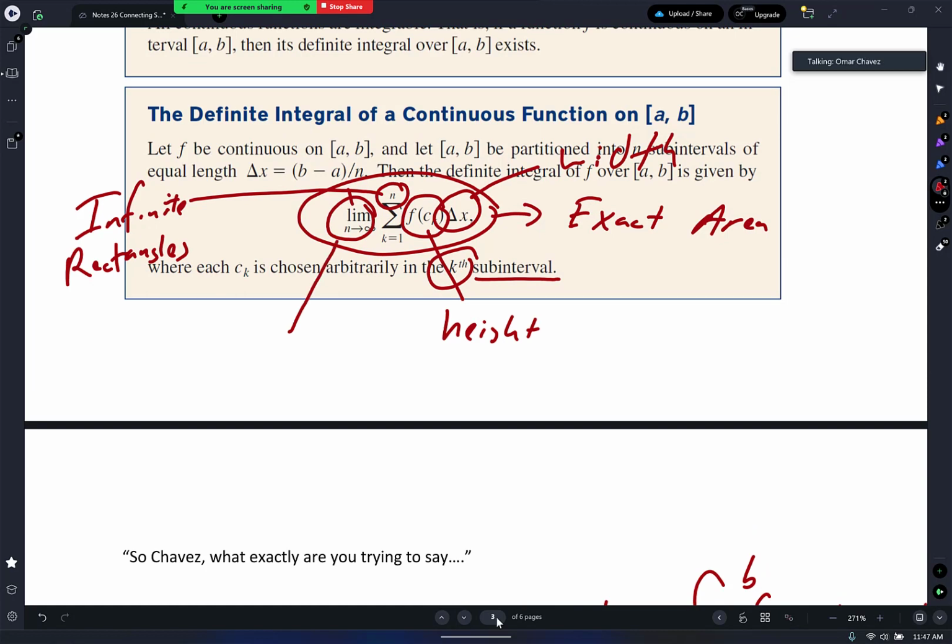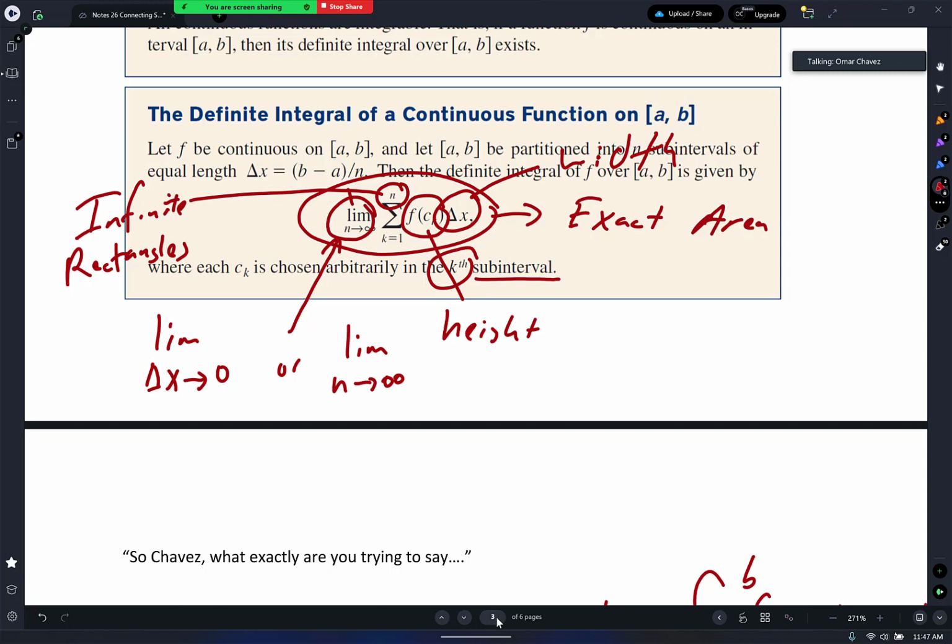Sometimes it depends on the professor. I've seen it in MIT and different universities. Sometimes they don't use n. They both mean the same thing: limit as delta x approaches 0, or limit as n approaches infinity, in case you go to MIT or one of those and they decide to do that.